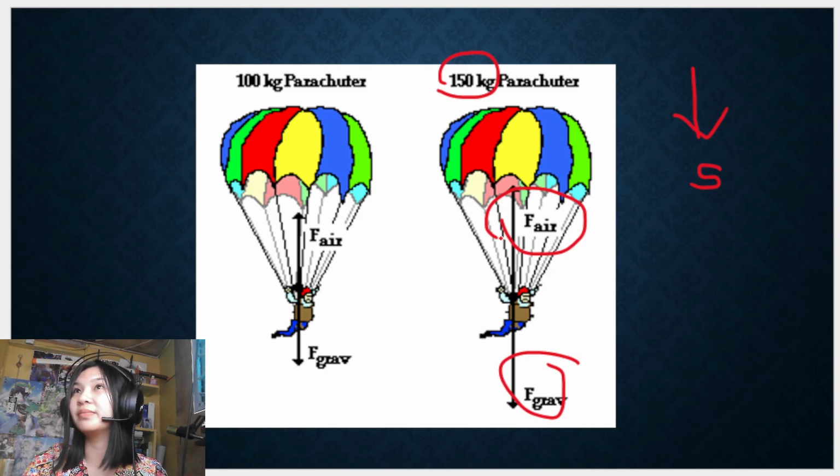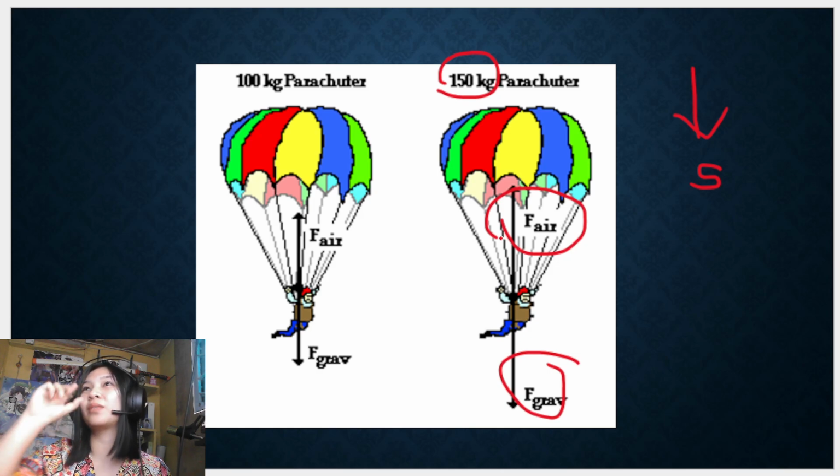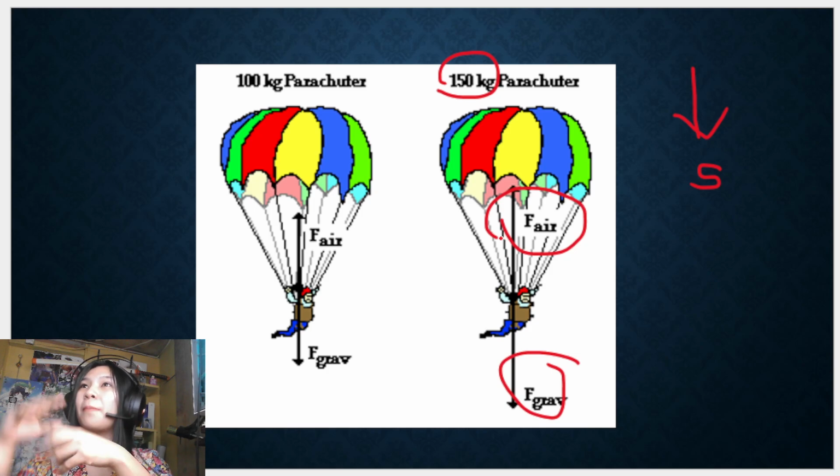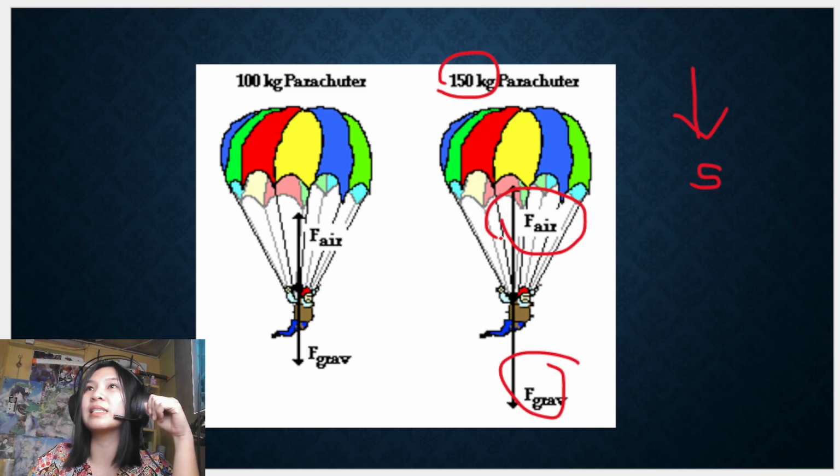Just like the elephant, no? Why did the elephant land ahead of the mouse? Because it is bigger. What it needs to balance is bigger. Its FG is 10,000 newtons. So the air resistance also needs to catch up to that 10,000. So how can it do that with air resistance?